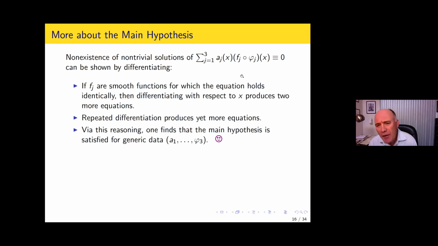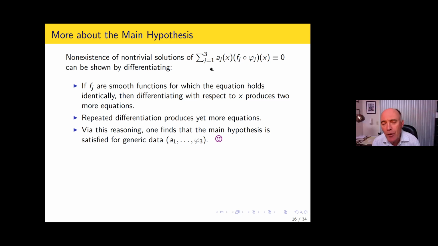Now, the fj's are functions of a single real variable. If you differentiate n times with respect to the two-dimensional variable x, you get roughly a constant times n squared different equations. If you think in terms of Taylor expansion up to some order capital N, the Taylor expansion of fj up to order N involves only capital N coefficients. So if you do this process, you take all derivatives up to order capital N, look at Taylor series at some point, you have roughly capital N squared equations, and you have roughly 3N unknowns.